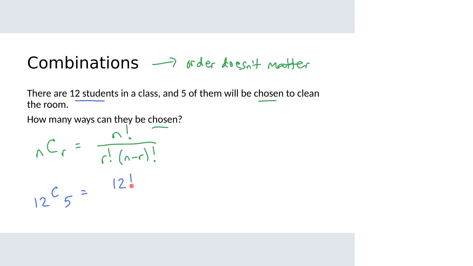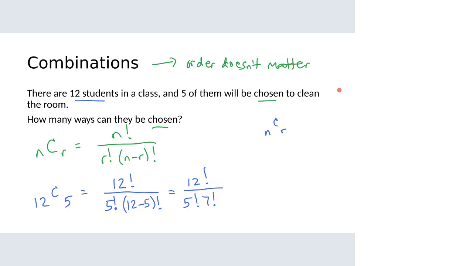Here we'll have 12 factorial over 5 factorial and then 12 minus 5 factorial. This will simplify to 12 factorial over 5 factorial, 7 factorial. Again, if you're very comfortable with your nCr button on your calculator, feel free to use that. But just in case, we're going to work it out by hand also.